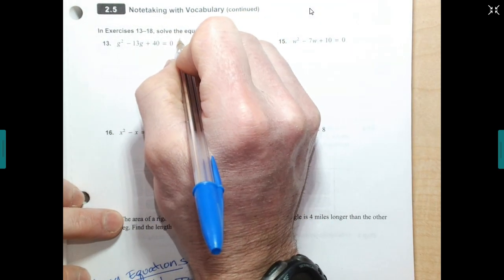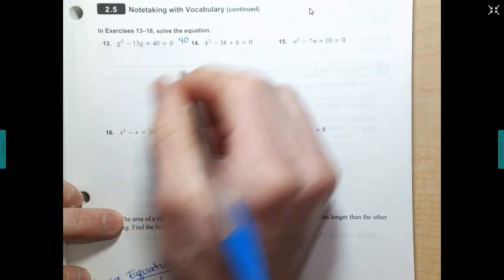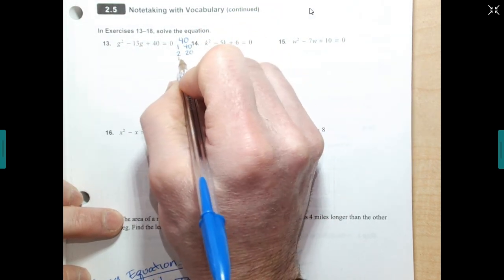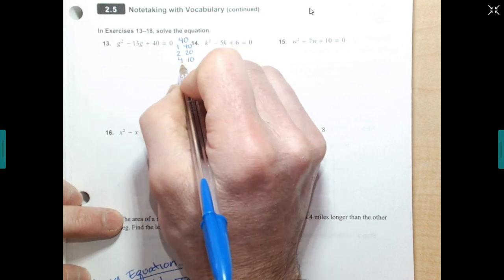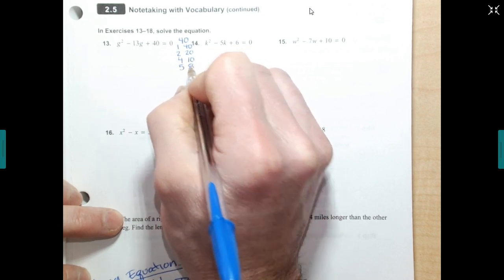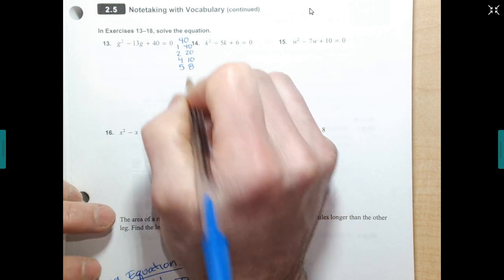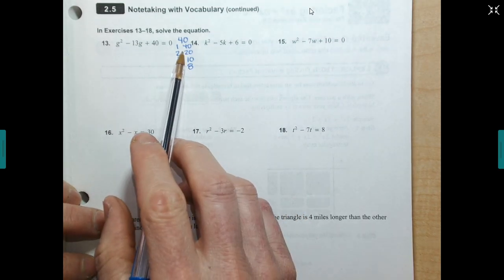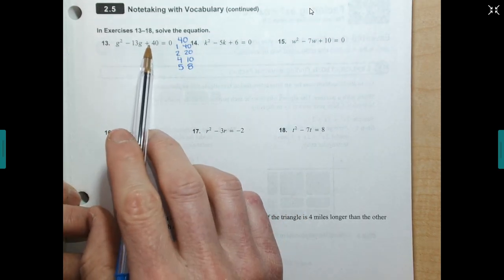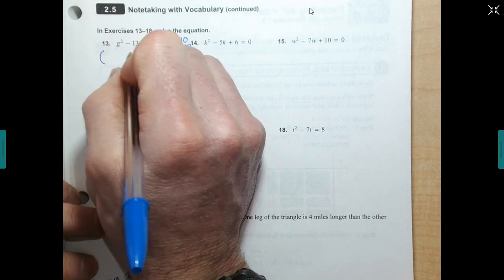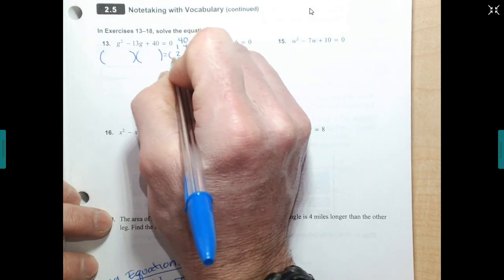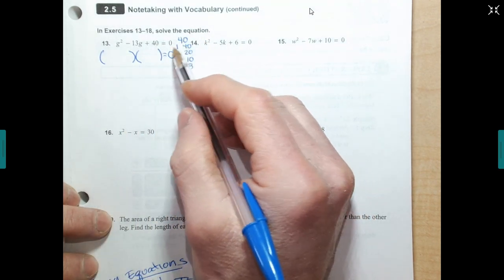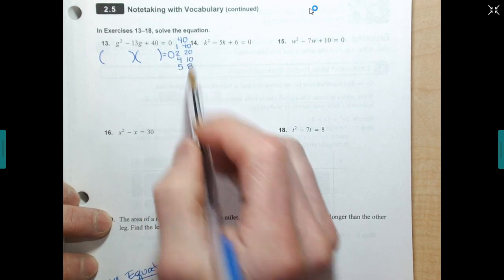So I'm going to start off with my factors of 40. 1 and 40, 2 and 20, 4 and 10, 5 and 8. So there are all my factors that get me to a positive 40. Now, another thing is since it's a positive 40, both of these have to be positive or both of these have to be negative.